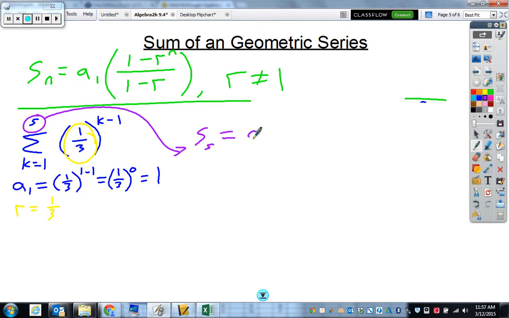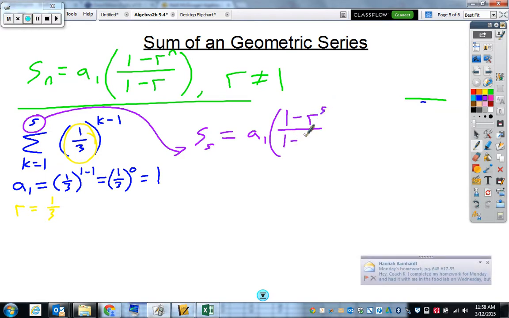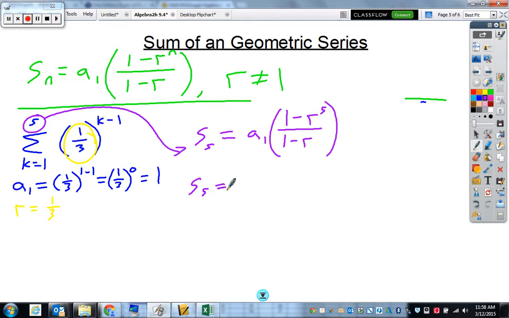So s sub 5 equals a sub 1 times 1 minus r to the 5 over 1 minus r. Plugging in values, s sub 5 equals, well, a sub 1 is just 1, r is 1/3.